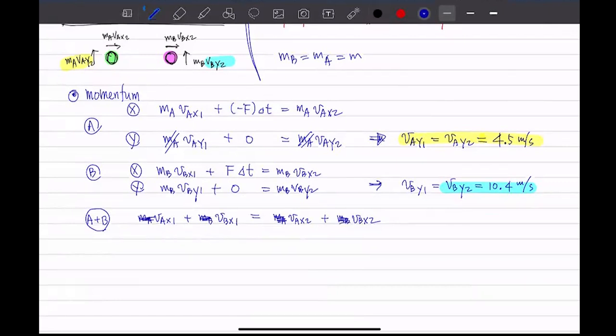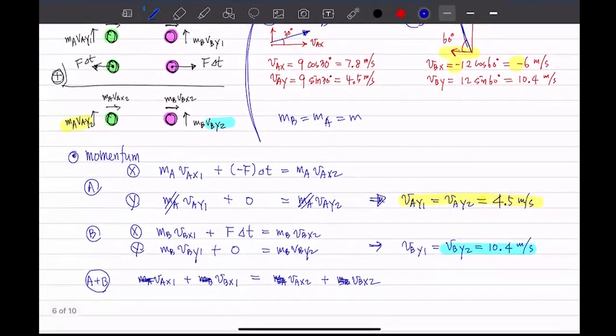That is going to be vA,x1, which was 7.8, right? So 7.8 plus vB,x1, which was -6, equals vA,x2 plus vB,x2.